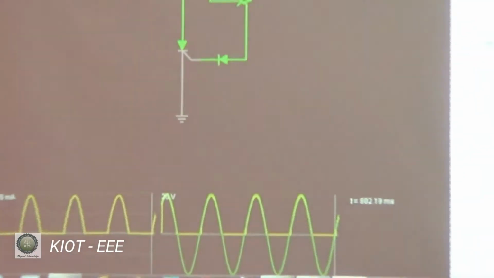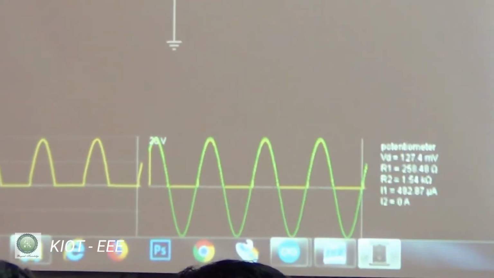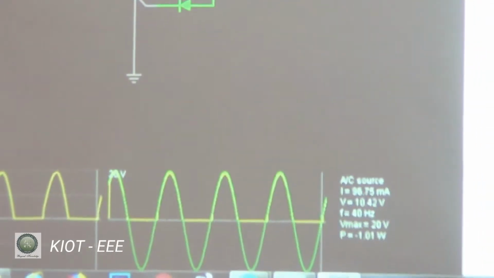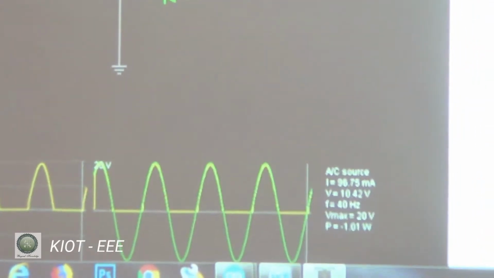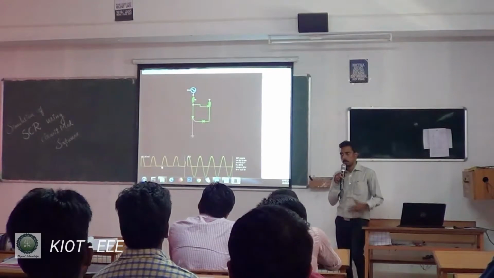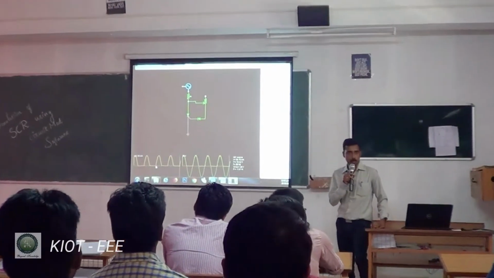Now, since I have applied more gate voltage to this circuit, the SCR starts to trigger at zero crossing itself, so I get more voltage in the output. If the load happens to be a fan, the speed of the fan would be increased now.